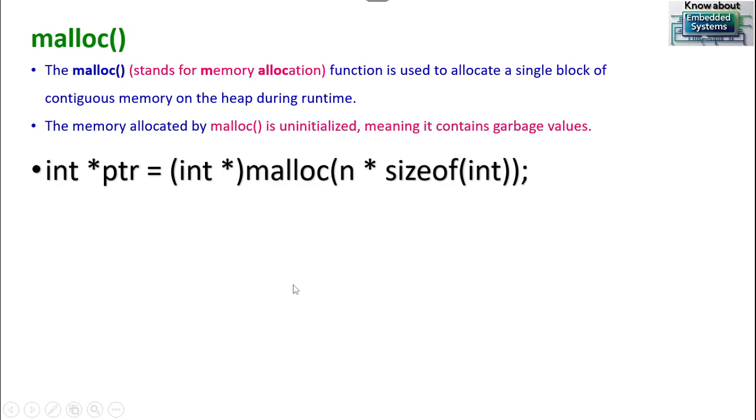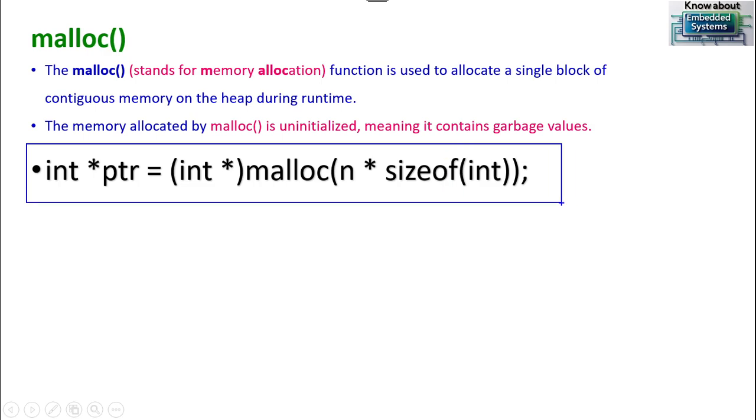In order to use malloc, we have a built-in function, as I already told. We have to use the malloc function followed by one parameter, that is, the number of bytes that need to be allocated.